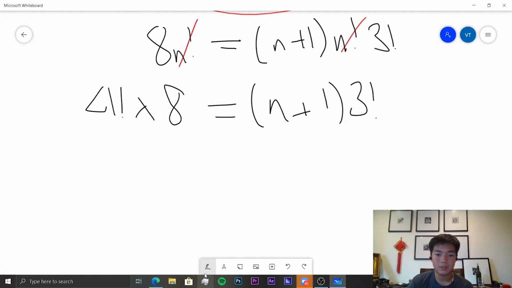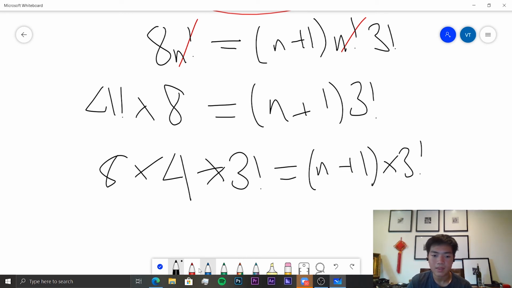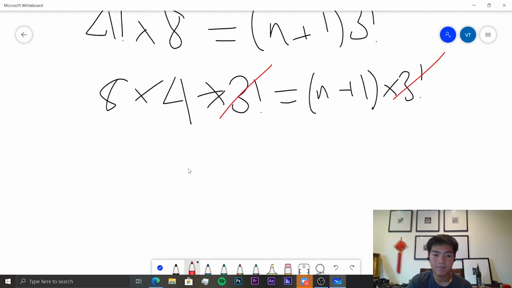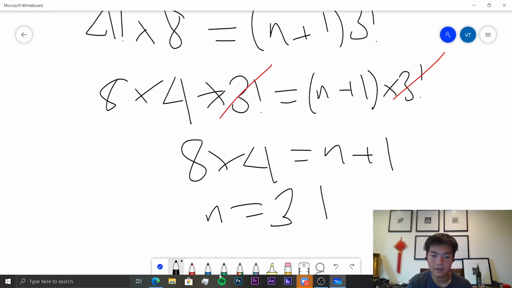Actually, we can say this is 8 times 4 times 3 factorial is equal to n plus 1 times 3 factorial, and cross out these 3 factorials. And so simply 8 times 4 is equal to n plus 1, and n is equal to 31.